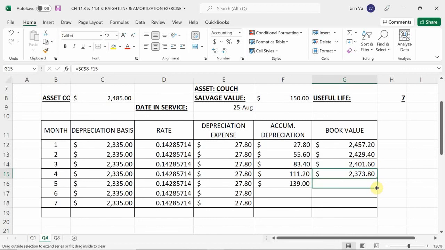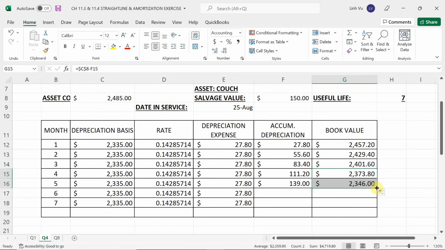2,825.00 minus 139. We got 11.415. No. 2,346.